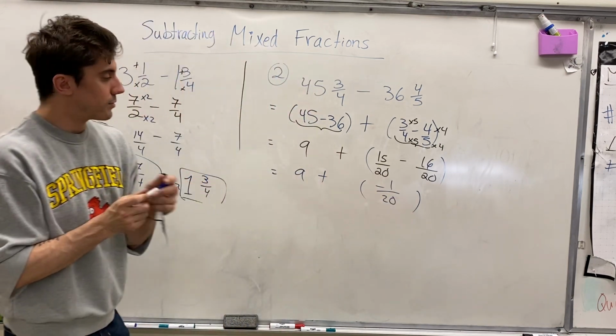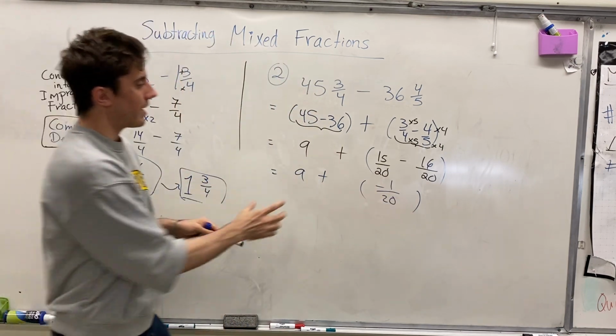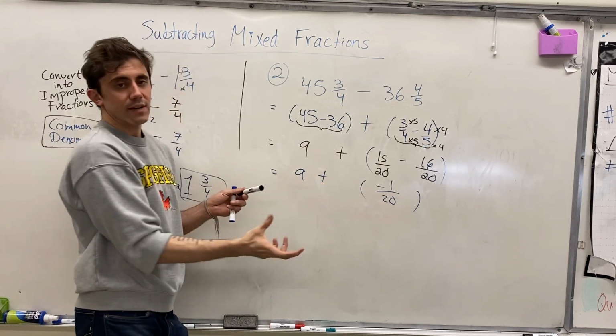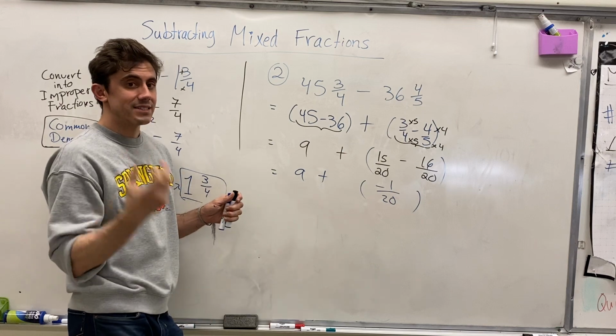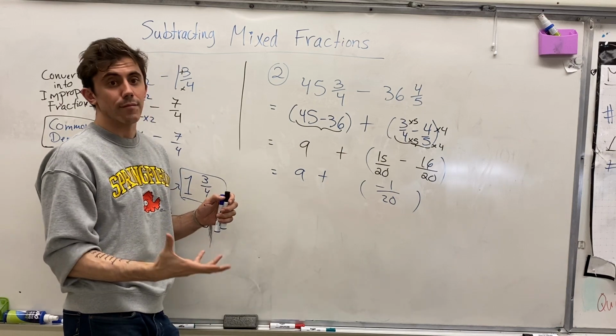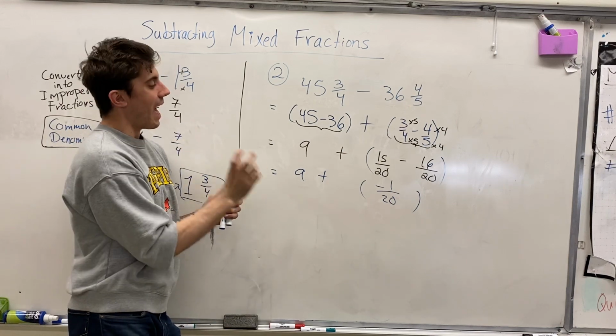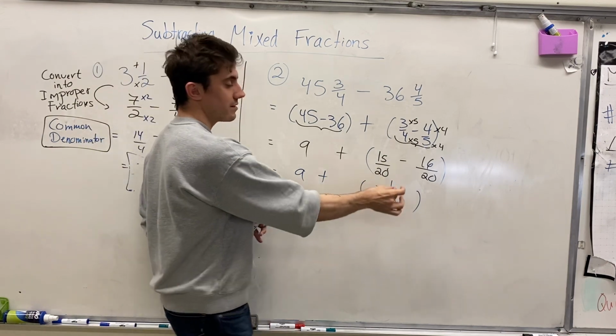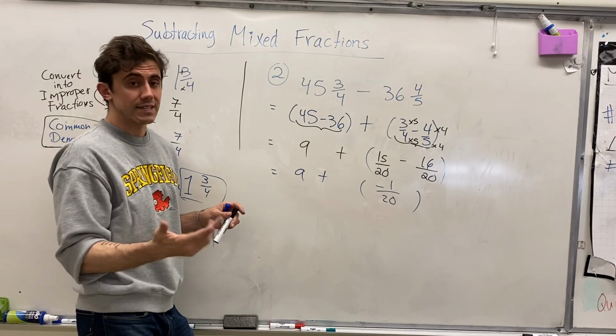okay? And this is a beautiful segue into discussing how we add negative quantities, negative numbers. Adding a negative number is exactly the same as subtracting that number. Again, I'll say it again. Adding a negative quantity is the same as simply subtracting that quantity. This is something we see a lot in grade 7, grade 8, grade 9.